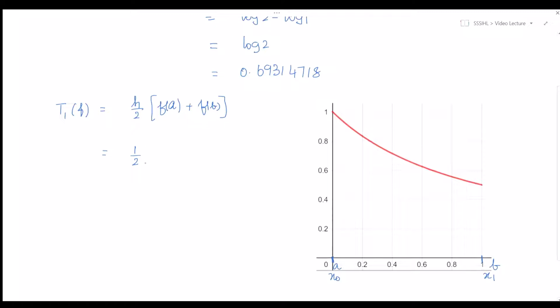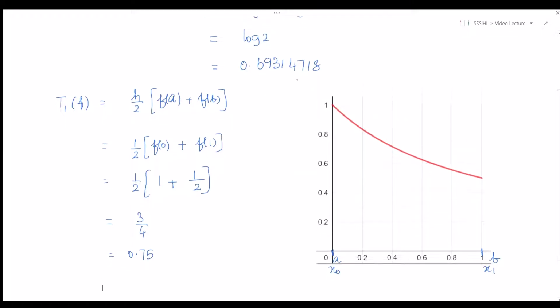So 1 by 2 into f of 0 plus f of 1. f of 0 is 1 by 1 plus 0, it is 1. f of 1 is 1 by 1 plus 1, it is 1 by 2. So that is equal to 3 by 4, which is 0.75.